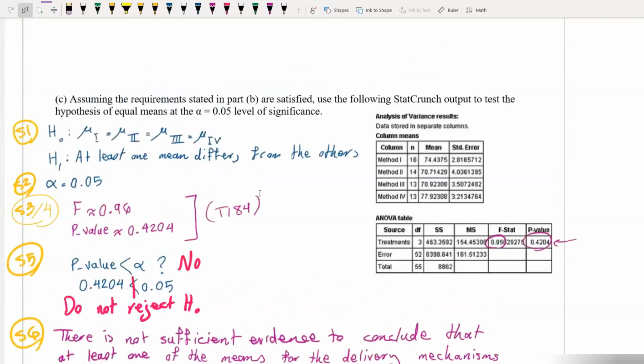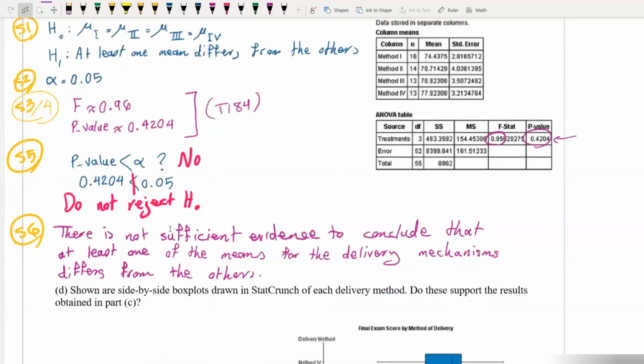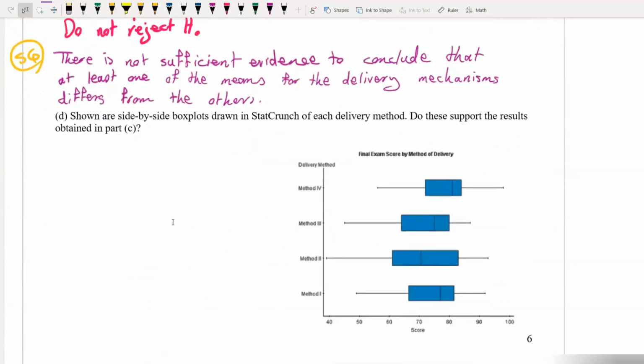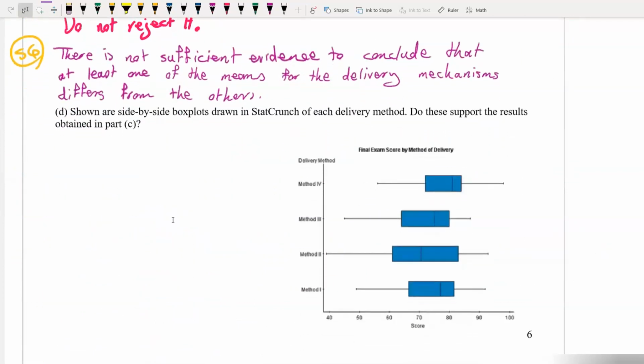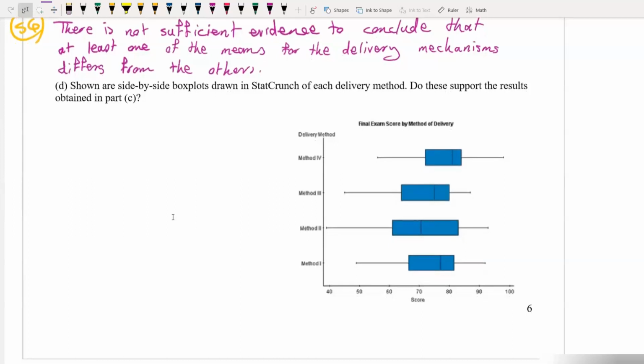What that means is our means are not exactly the same, but around the same.